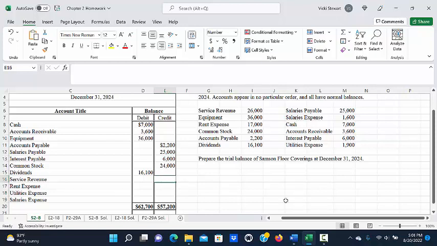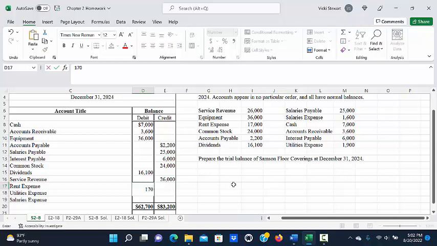Your revenue account, service revenue, is another temporary account, and it increases retained earnings. So revenue accounts always have a normal credit balance. The last accounts that we list are our expense accounts. They all have normal debit balances because they reduce retained earnings.